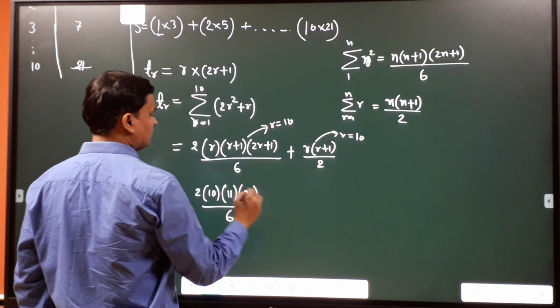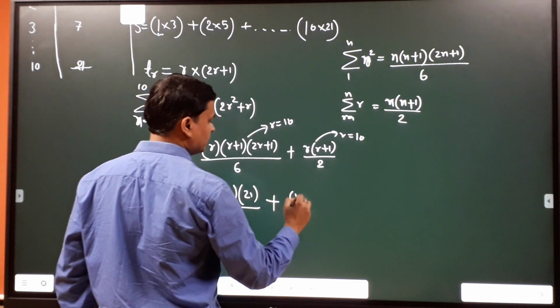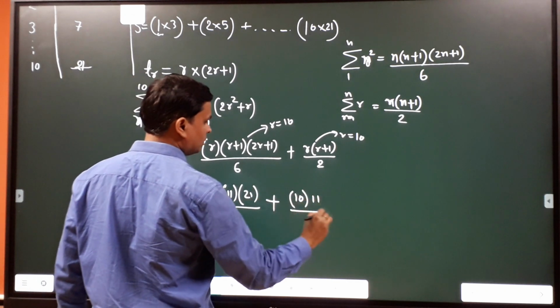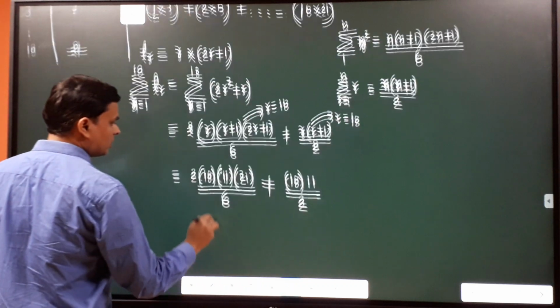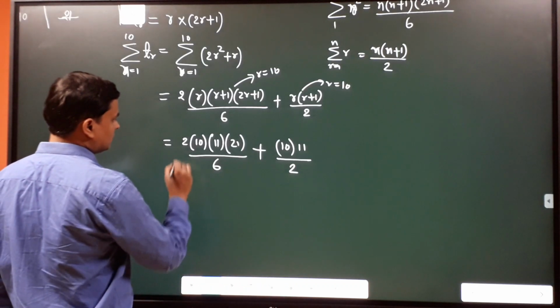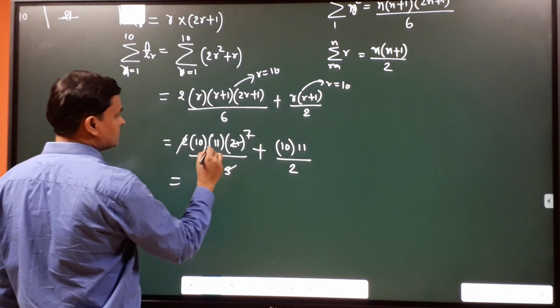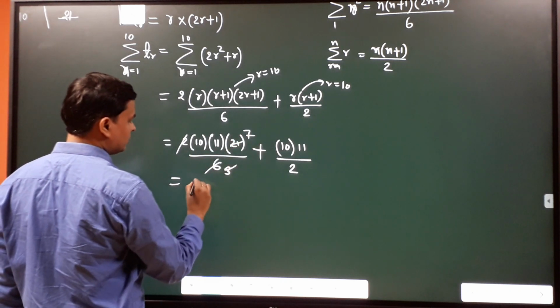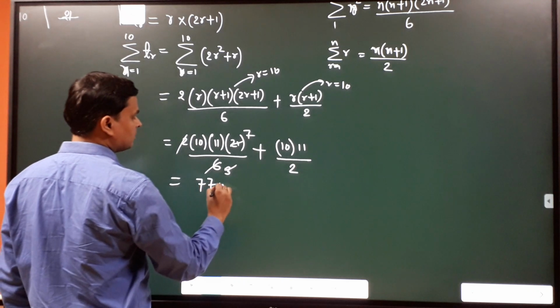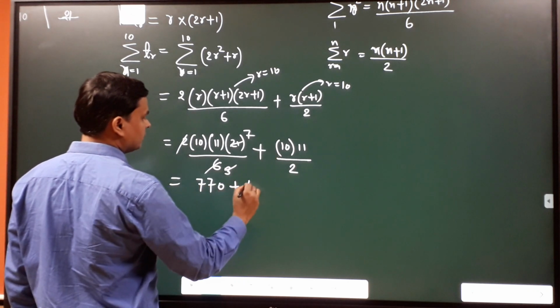So if I write this, it is 10 into 11 by 2. Upon simplification, this will yield 770, and plus 55.